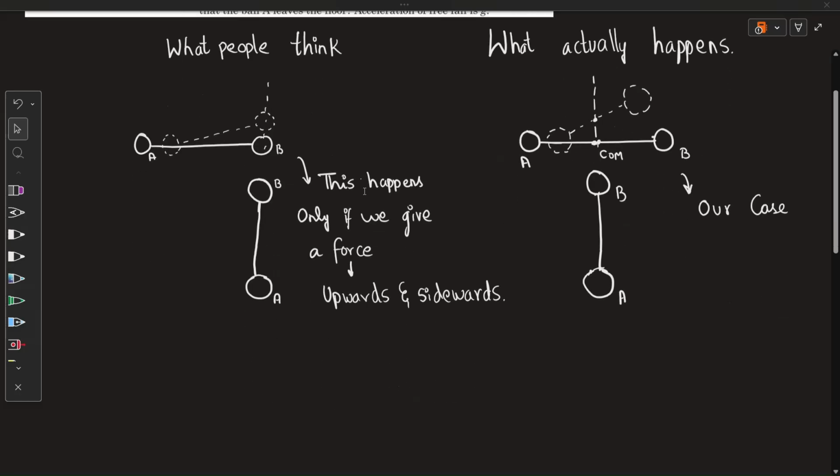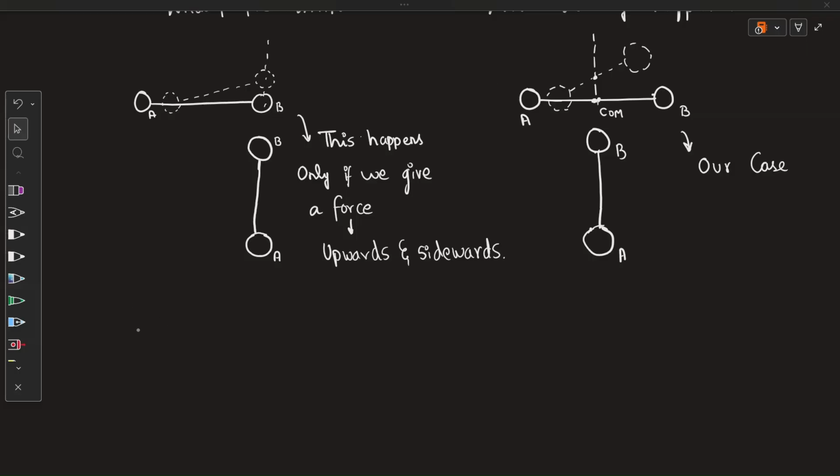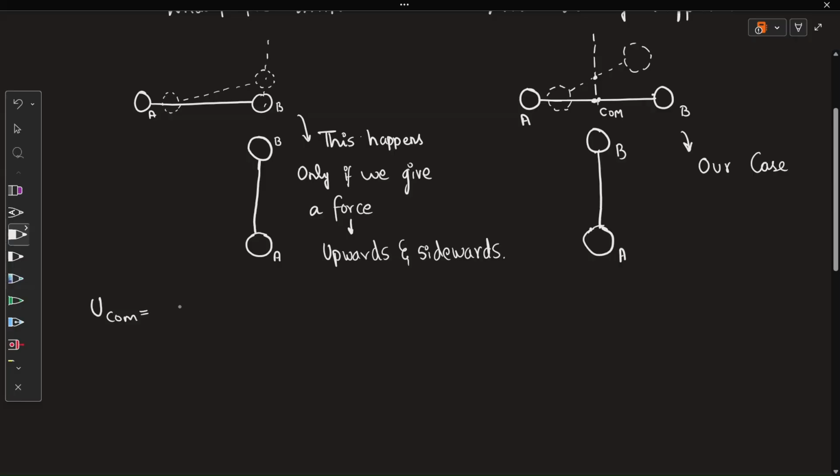Let me explain why. Here comes the concept of center of mass. So the initial velocity of center of mass is nothing but u by 2 into j cap, because mu by m plus m. Now the acceleration of center of mass is nothing but minus g into j cap.